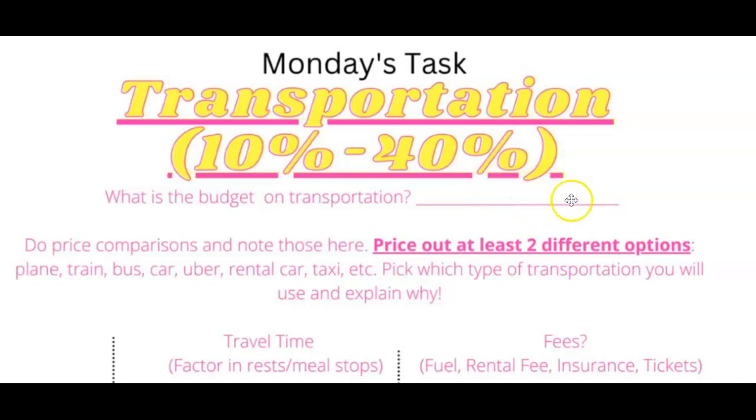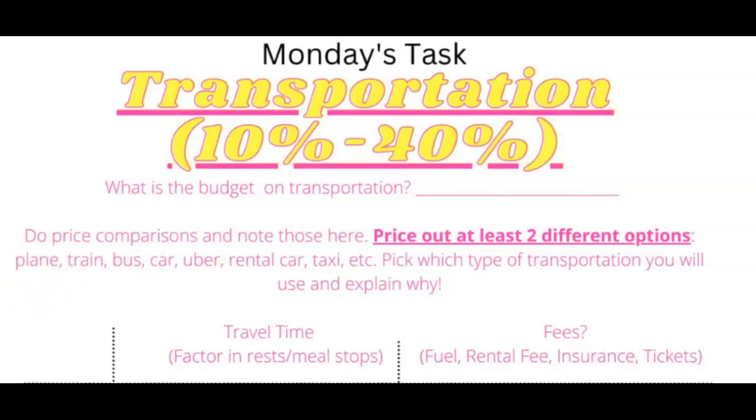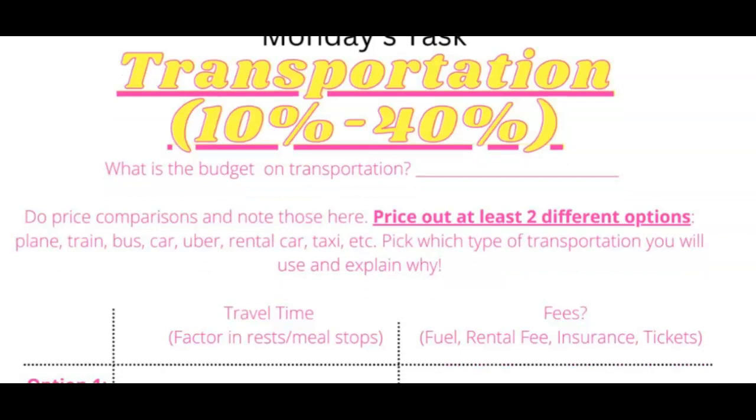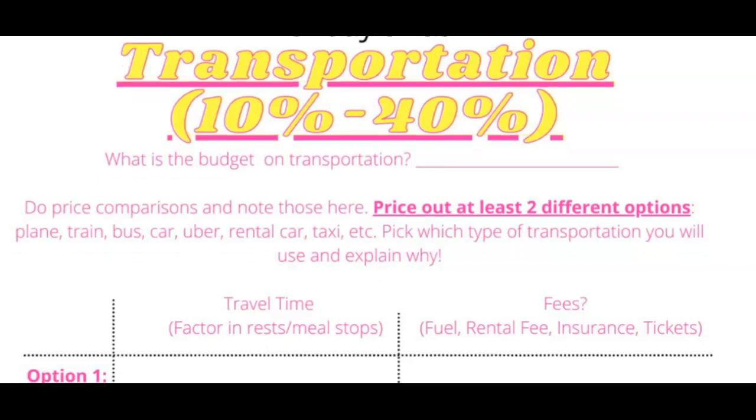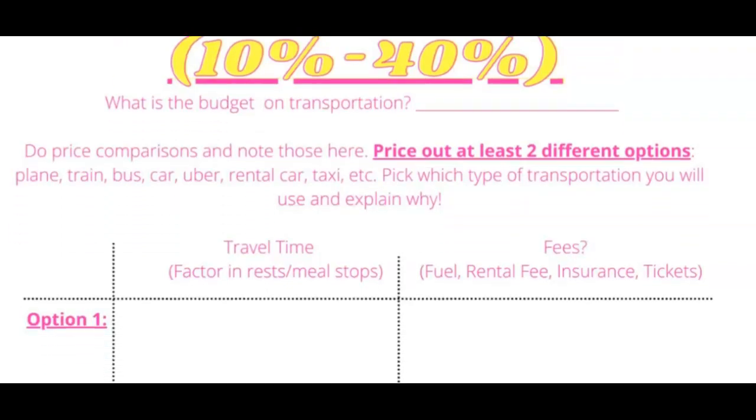So that inequality goes here so that we stay within those guidelines. We'd like you to price out 2 different options: plane, train, bus, car, Uber, rental car, taxi, whatever type of transportation you want to use. And then you're going to pick one and explain why.